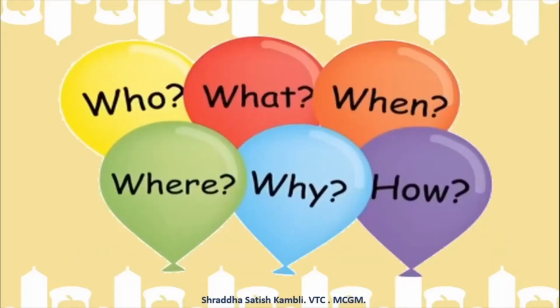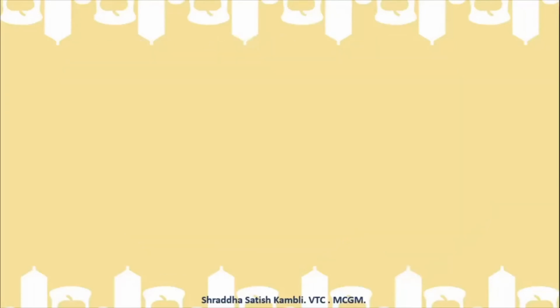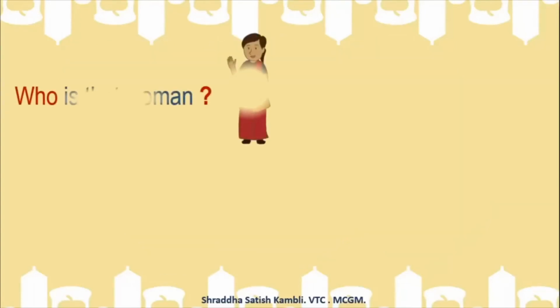I told you questions always start with question words. So which are the question words? Who, what, when, where, why, how. These are all the question words. Okay? Let us see some examples of questions.